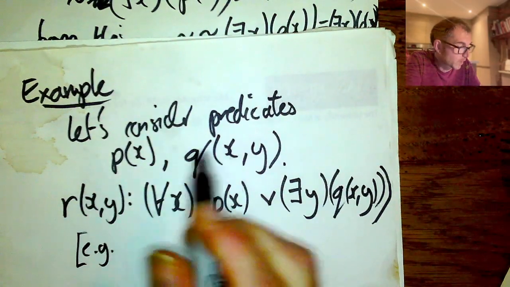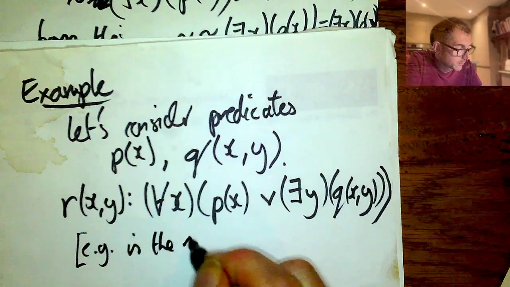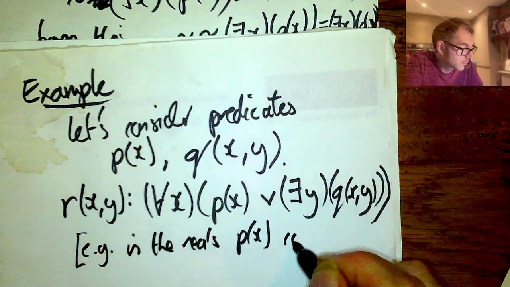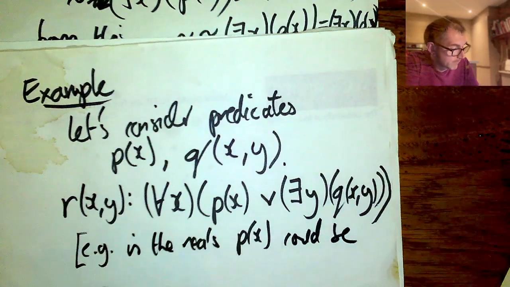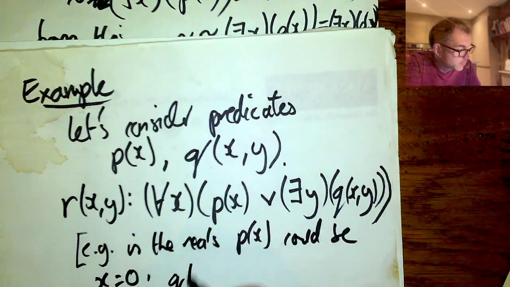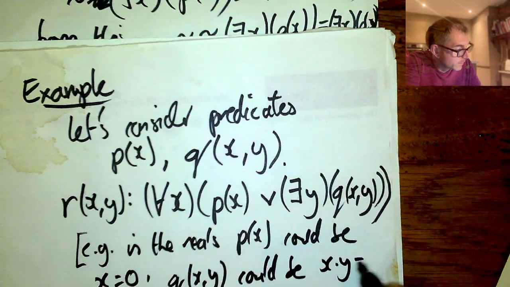So, e.g., in the reals, P of x could be x is 0 and Q of x, y could be x times y equals 1.